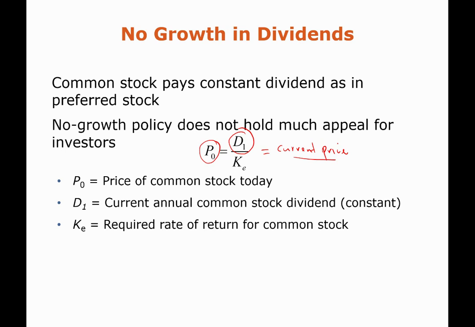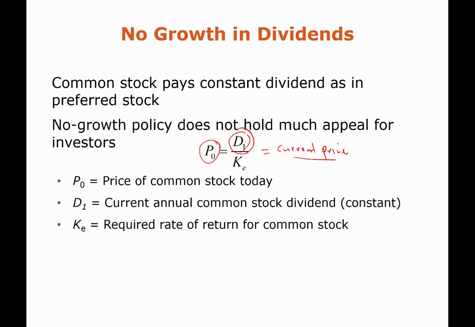Again, here we're assuming there's no growth in dividends. So the current price of the stock will be the dividend paid in year one divided by the required rate of return. Remember, it is the dividend paid in year one. So let's see if we end up having some growth, especially a constant growth in dividends.